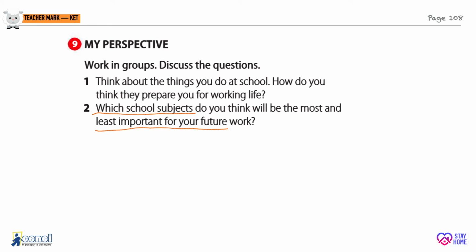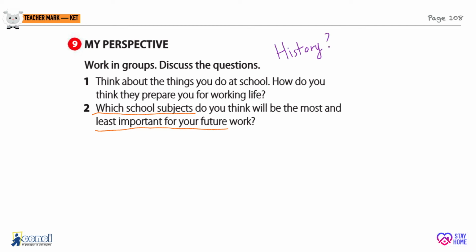This is the final part. We can't have a debate right now. It's very sad, but we can answer these questions in a personal way. Number one, think about the things you do at school. How do you think they prepare you for working life? Number two, which school subjects do you think will be the most and least important for your future work?